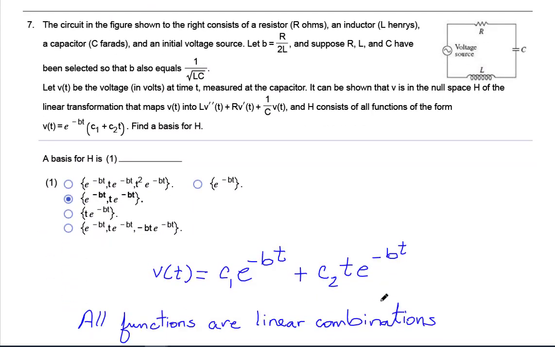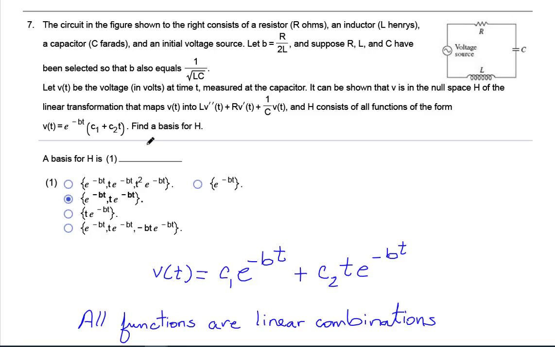And in question 7, we have a circuit. This essentially comes from differential equations, and we get a solution which looks like v of t for voltage is e to the minus bt times this combination c1 plus c2.